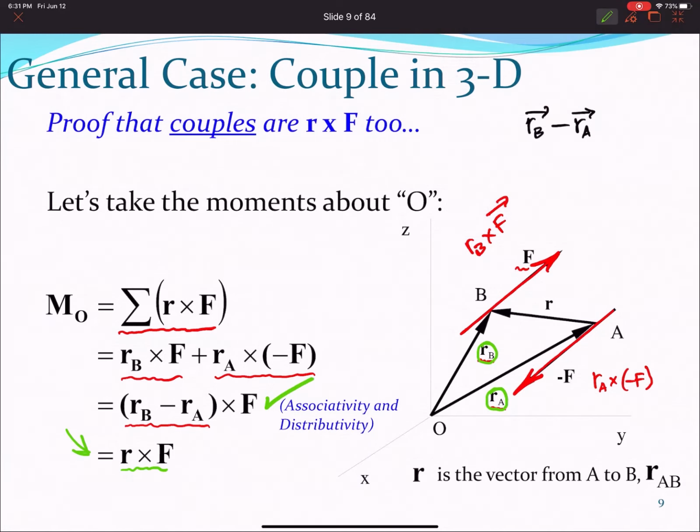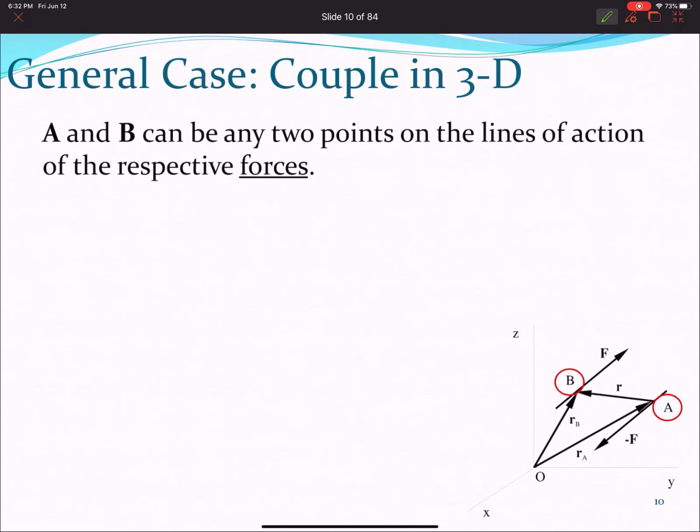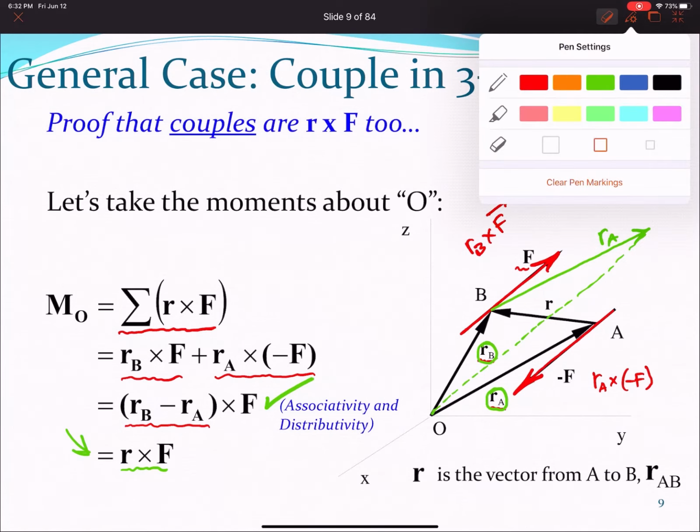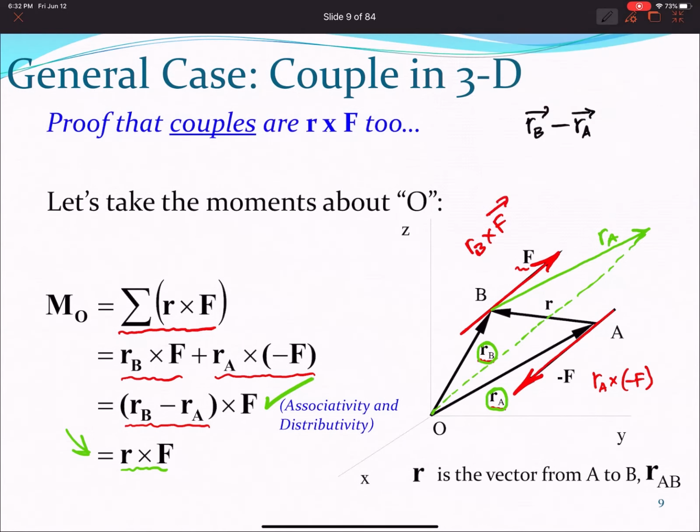If I add RB plus RA, I have to put tip to tail, and this guy is RB plus RA.